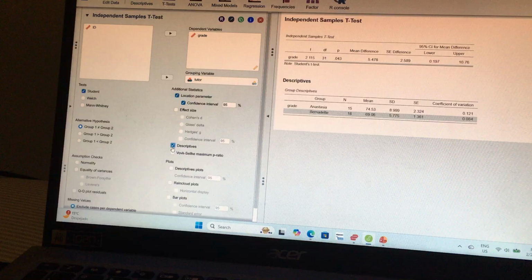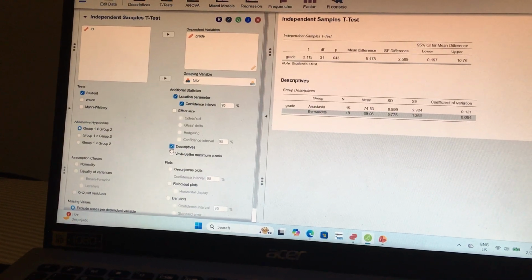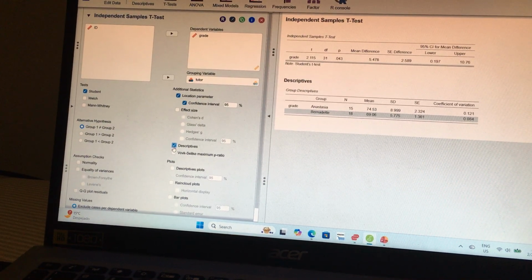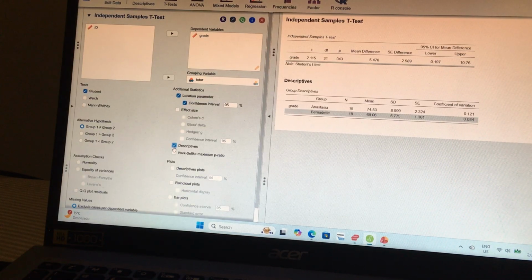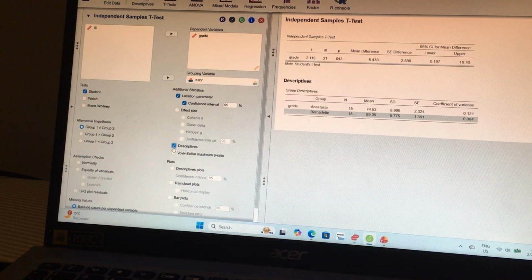So we could write up our text like this. The mean grade in Anastasia's class was 74.5 points, n equals 15, SD equals 9.0, whereas the mean in Bernadette's class was 69.1 points, n equals 18, SD equals 5.8.